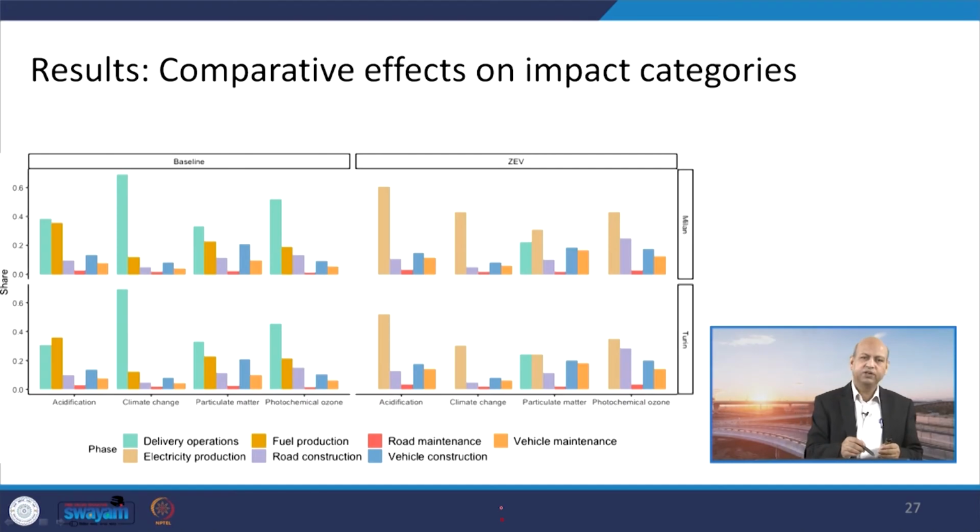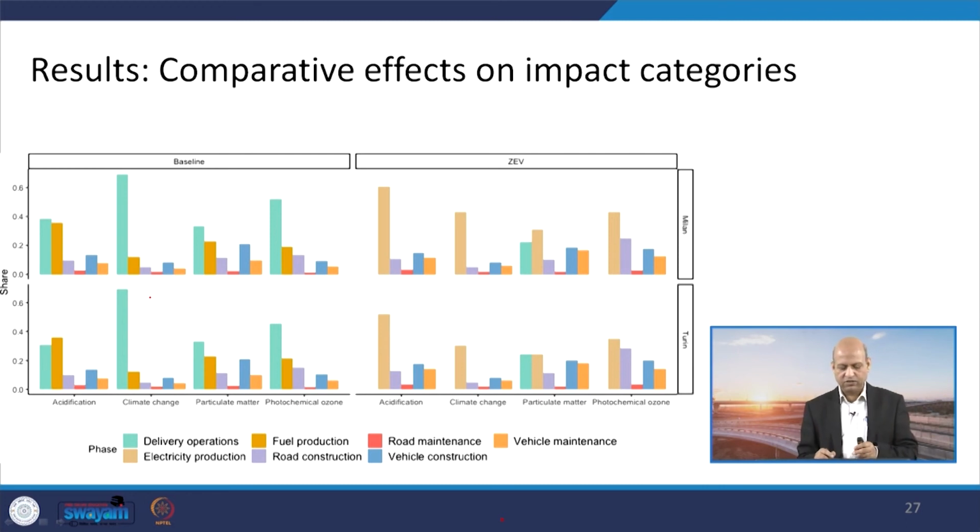If we compare the baseline impacts, for example acidification, climate change, particulate matter emissions, or photochemical ozone production, you see that in the baseline there are a lot of climate change related issues when delivery operations are considered.